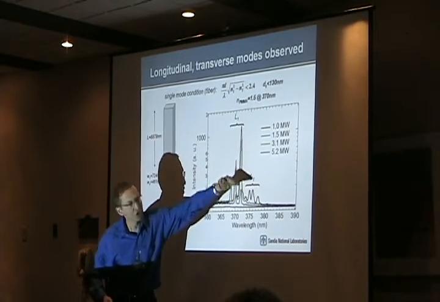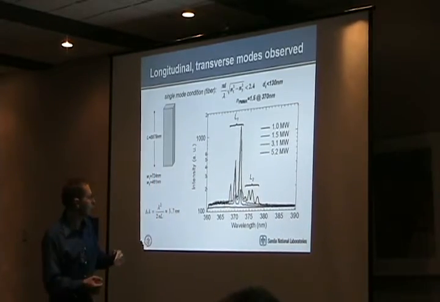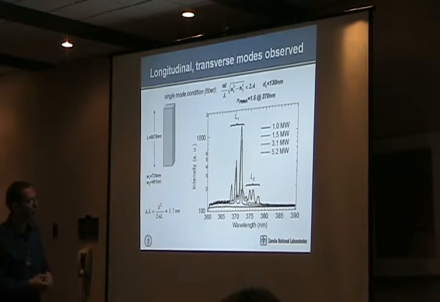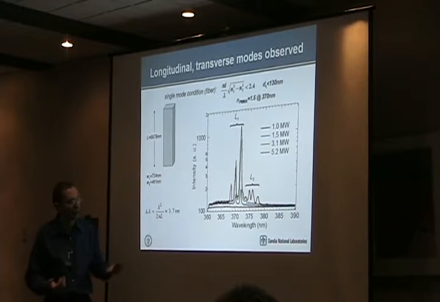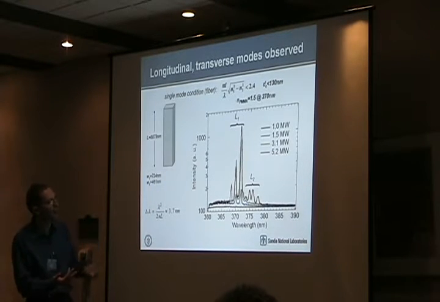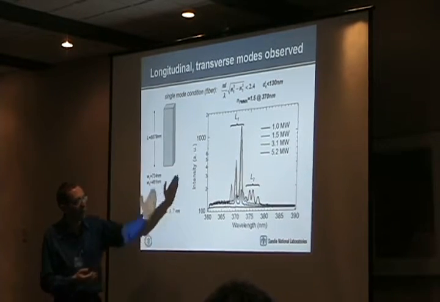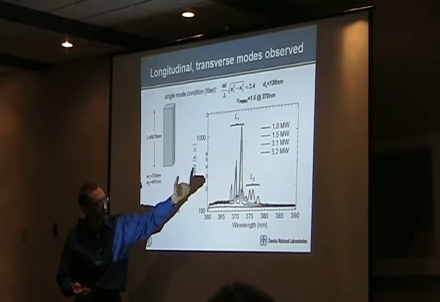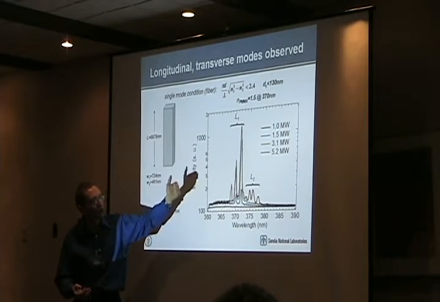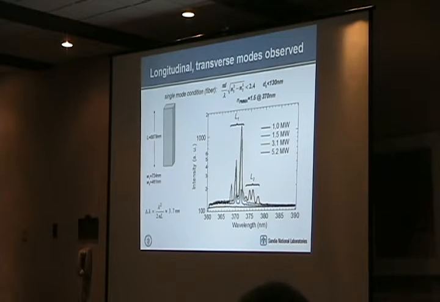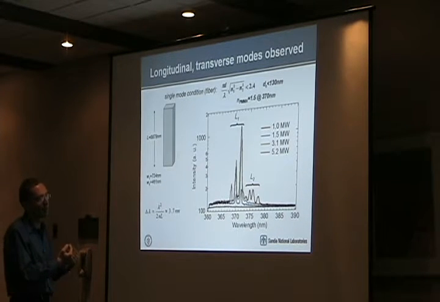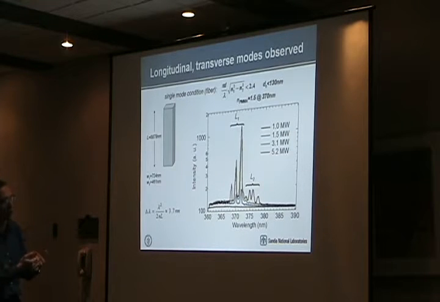If you look at the separations between them, and you use this very well-known equation for longitudinal modes, you see that it works out very close to what we're supposed to get. So what we can say is that we have 2 longitudinal modes and we have 3 transverse modes. I don't know exactly what those modes are. We have to do a calculation to see if it is a TM mode or what mode it is, and what modes are going to be allowed given how much pump energy we're putting in.